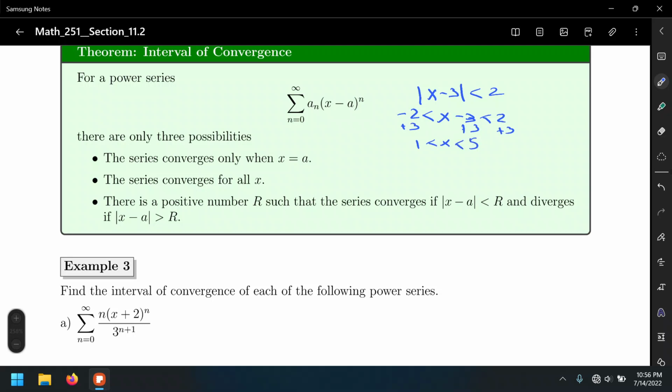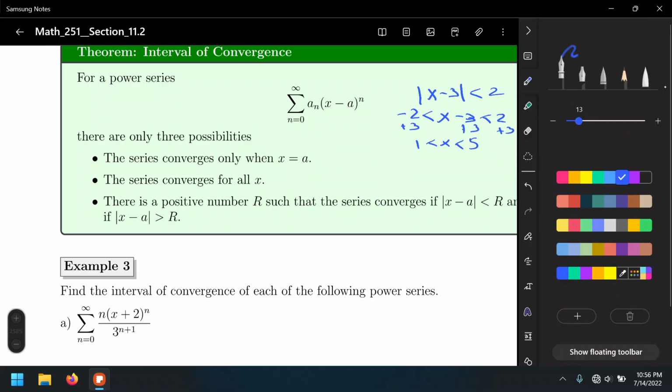All right? So most likely they just told you to do this, but ultimately, what's the concept here? What is this inequality really representing? Well, this inequality is telling me the values of x that are 2 units away from the center 3.